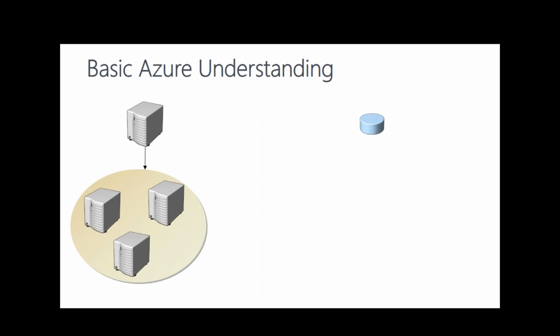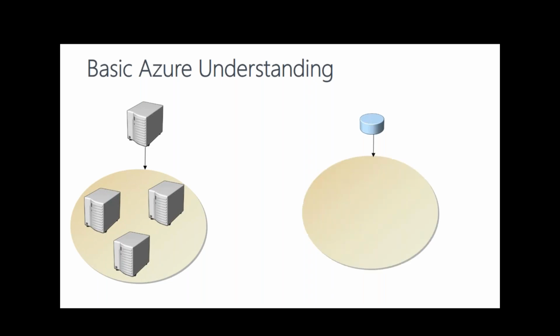In the case of a failure, the other two can take the load. So that is really important to understand when you are creating virtual machines in Azure, because even if you have one single machine, there is more than one node supporting that virtual machine under the scenes.